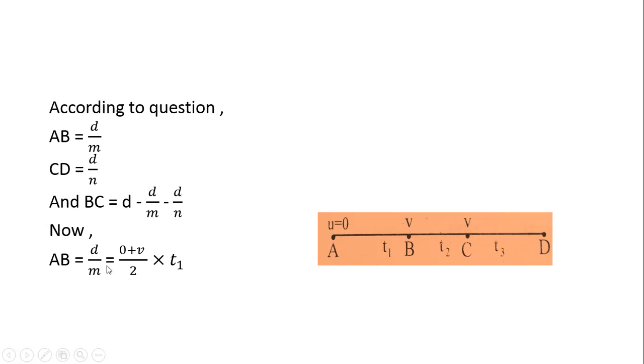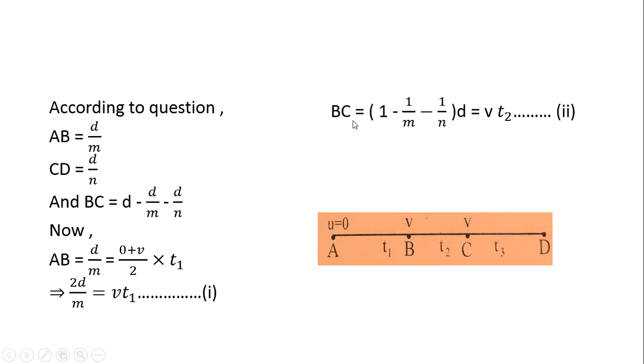Now AB equal to d by m equal to 0 plus v by 2 into t1. From this, after calculation, we get 2d by m equal to vt1, which is equation number 1. BC equal to 1 minus 1 by m minus 1 by n into d.